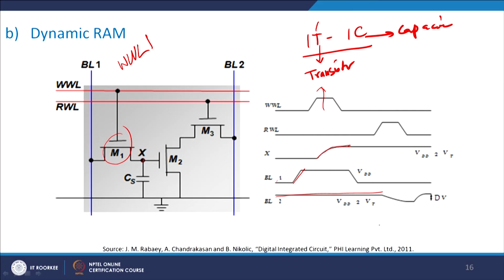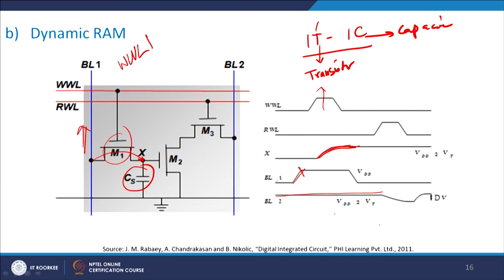Why does it start to rise? If your BL1 is high and your M1 is switched on, this voltage will be written on this X and CS will get charged, and that is the reason you see an exponentially rising function at X.